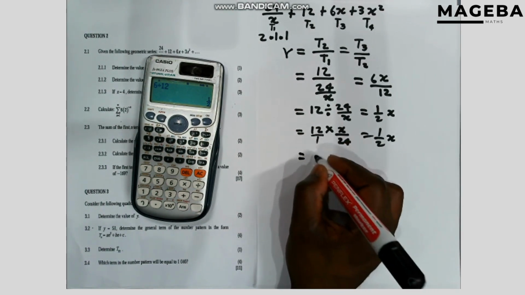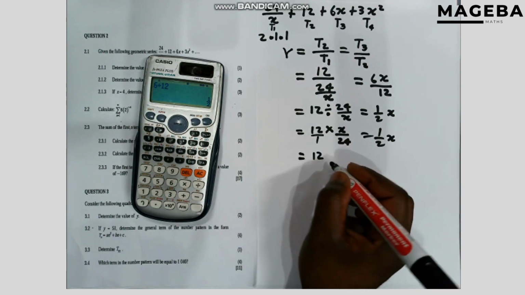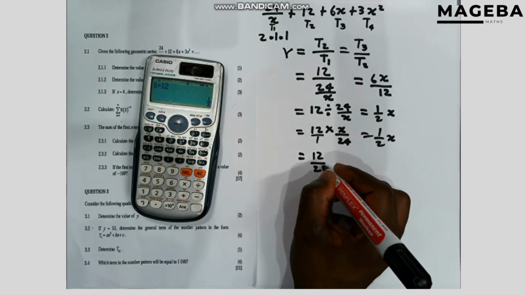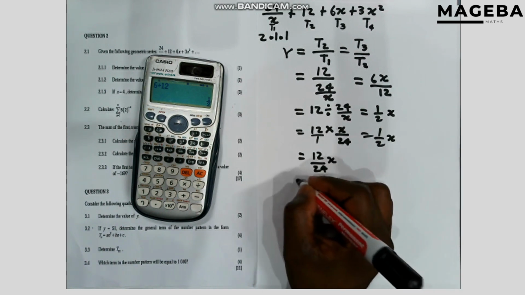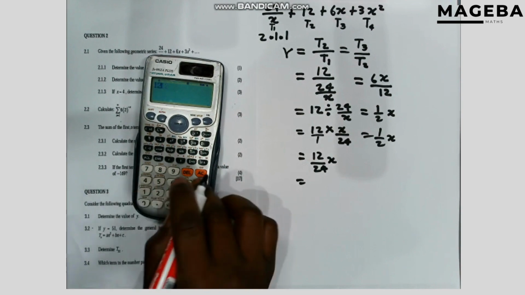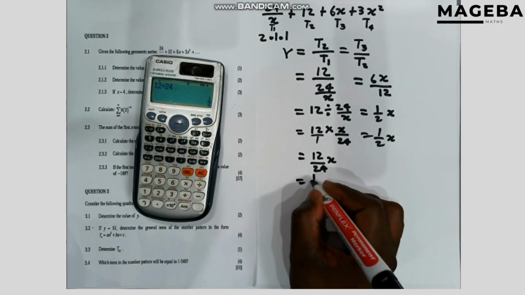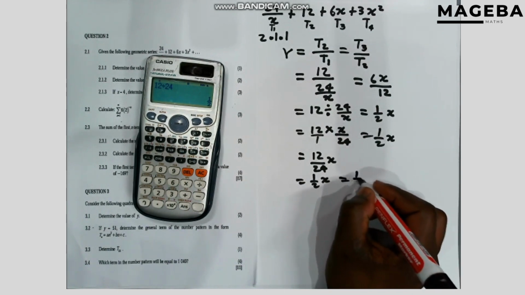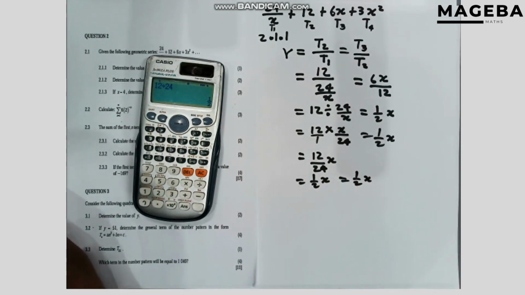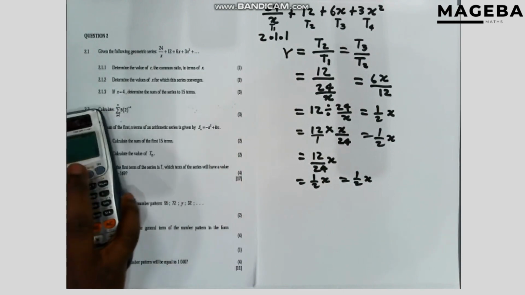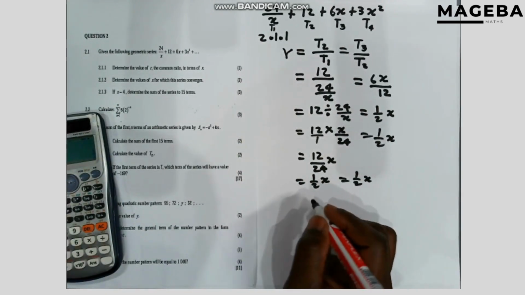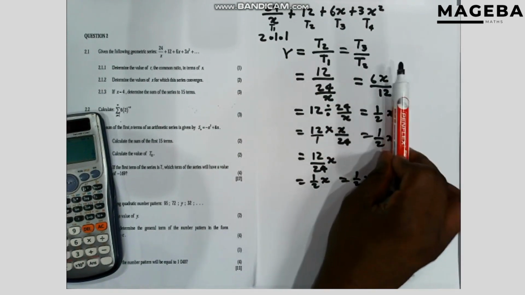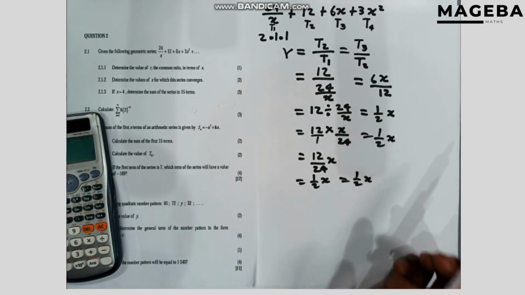This 12 is over 1, so it's going to be 12 over 24x, and 12 divided by 24 is just 1 over 2x. So it's just doing the algebra there, but our ratio is 1 over 2x. It's just the 1 mark. I was just confirming the 2 here. There was no need of doing the other one on the other side.